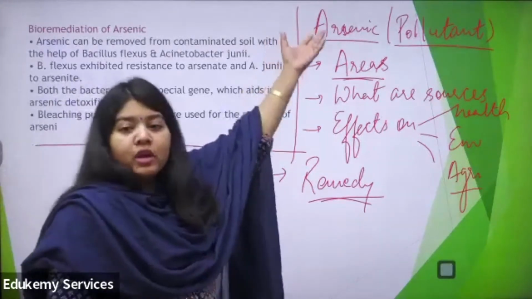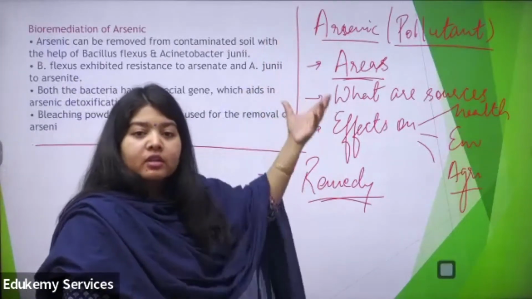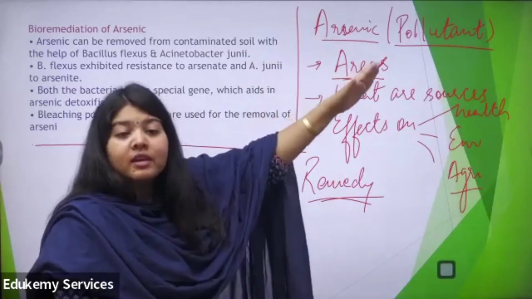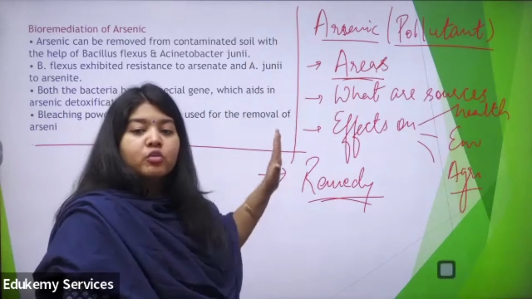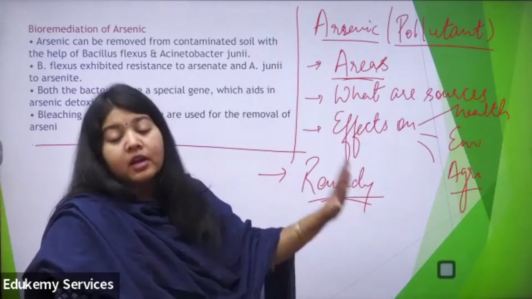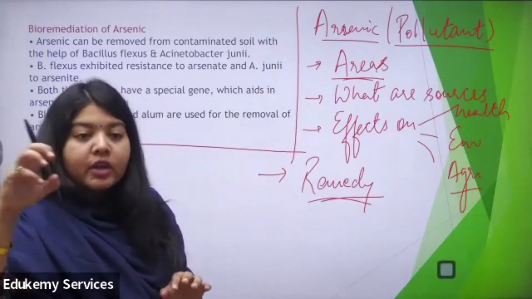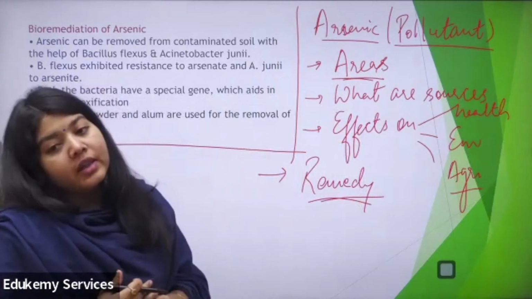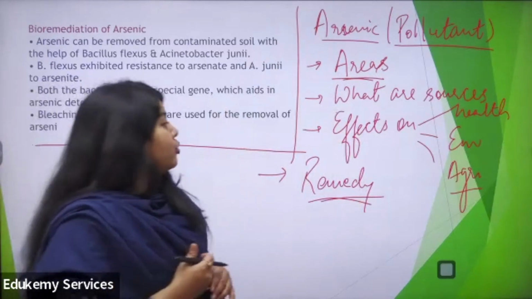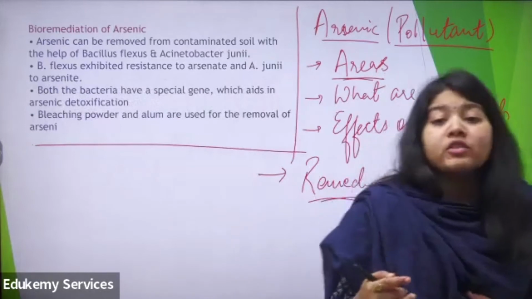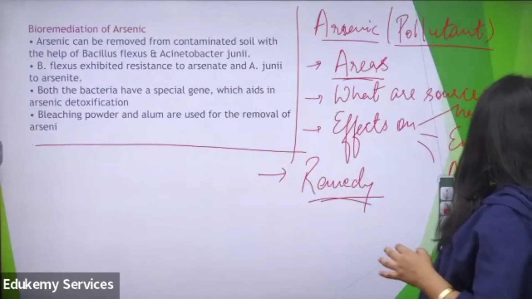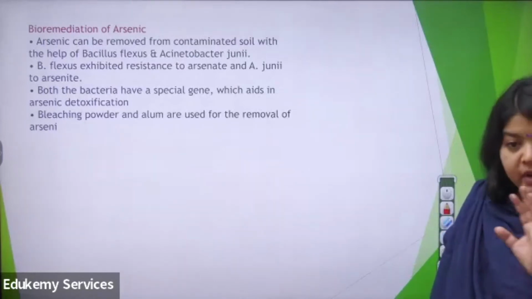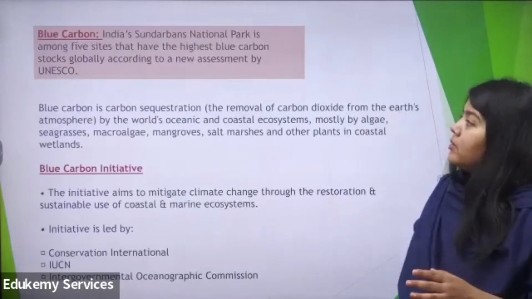Again, you have to divide lead pollution in this form: what are the areas in India which are having lead pollution? What are the sources? What are the effects? What is the remedy? Then you will be done. If you only read the highlights of the report, then you have to see that in UPSC they generally ask you questions based on current affairs, but from the basics.